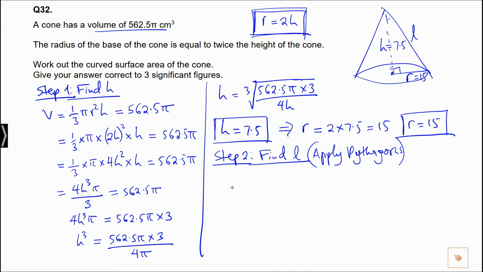So the slanting height will be equal to the square root of 7.5 squared plus 15 squared, and that will be equal to 16.7705, something like that.